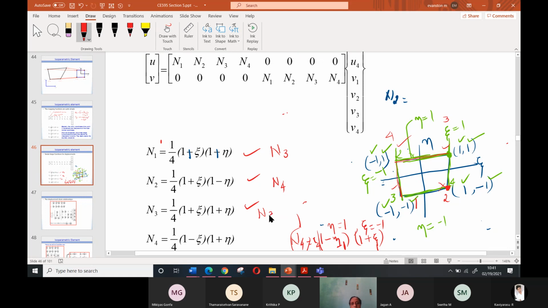N3 is N1, and N4 is N2. Otherwise, you have to mark it the other way. If we want to get the same answer, then the diagram should be like this. So if you want, you can change also. You have to take 1, 2, 3, 4. So this is the answer given here. Check whether you are getting that answer.